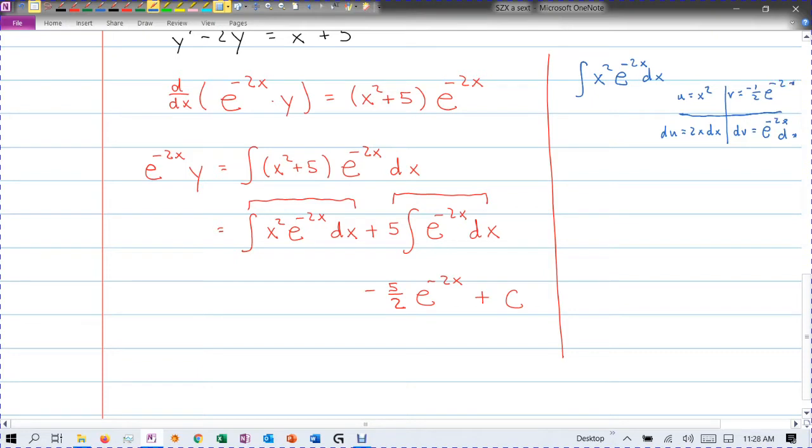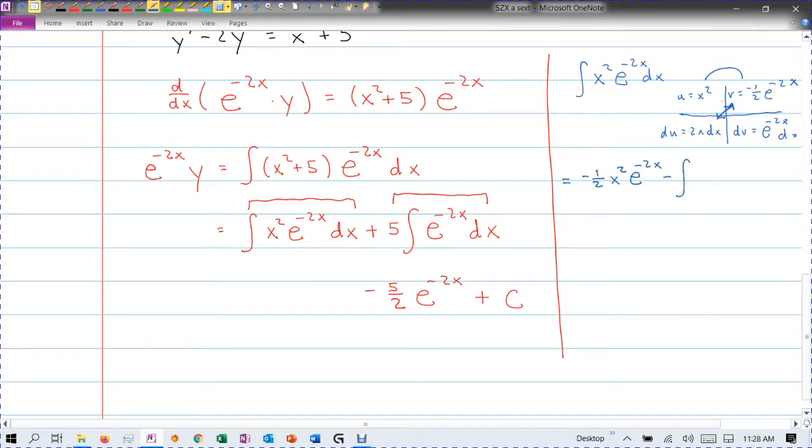So we have to worry a little bit about the chain rule there. Let me try and get that x to be a little nicer. Okay, we got that. So that integral becomes uv, that's these two multiplied. So that's going to be negative 1/2 x squared e to the negative 2x minus the integral, and now we're going to be doing these two multiplied together.